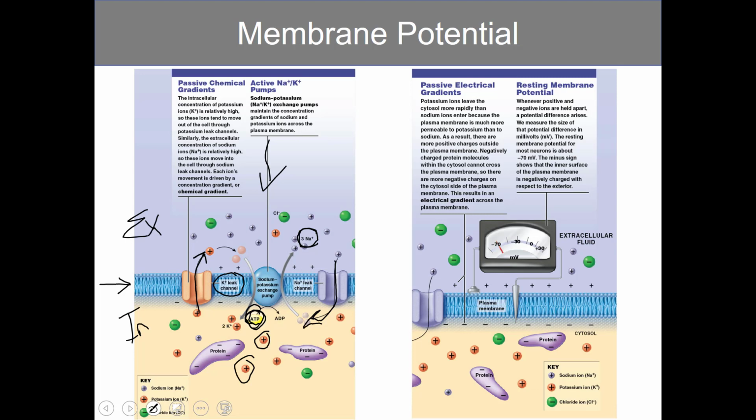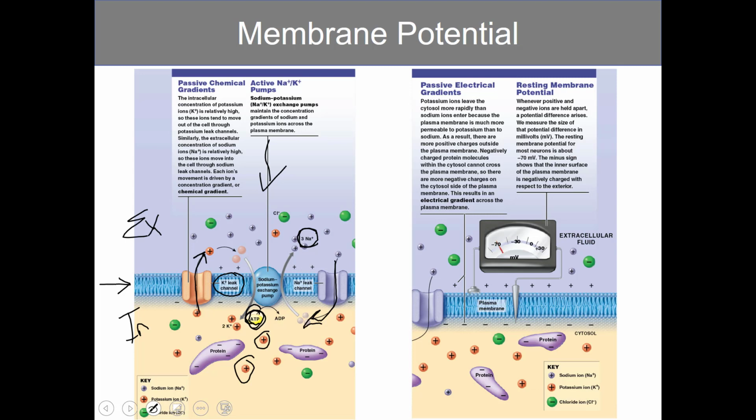There are a couple other factors to consider if we look at the right side of this image. The first one is passive electrical gradients. Potassium ions are going to leave the cytosol more rapidly than sodium ions enter. And this is because the plasma membrane is much more permeable to potassium than it is to sodium.